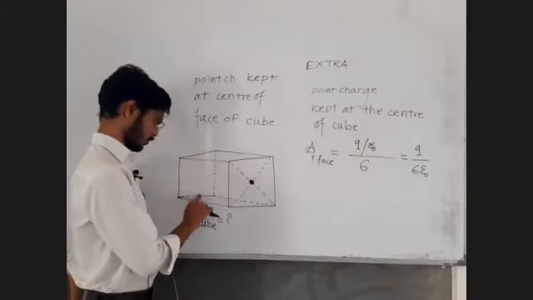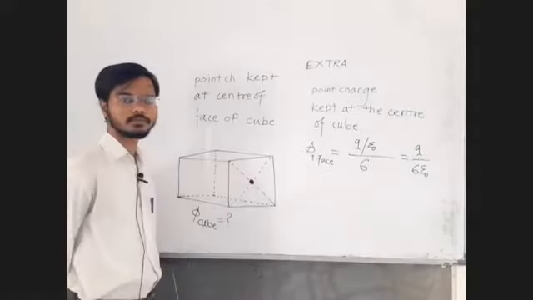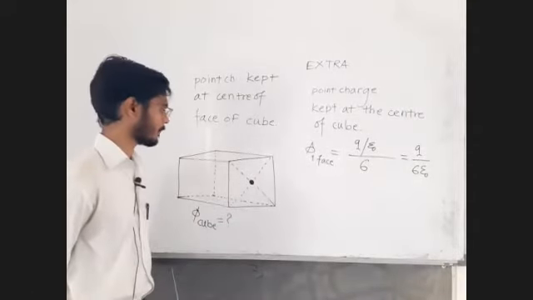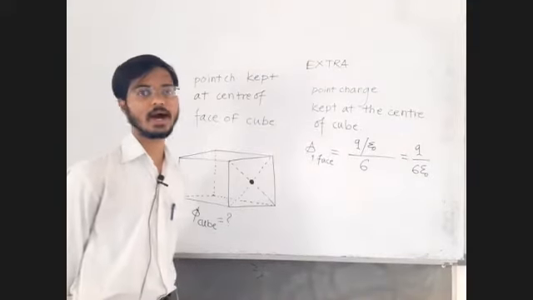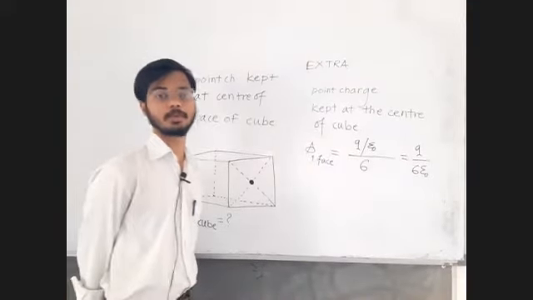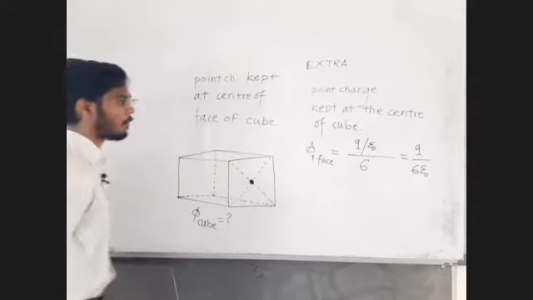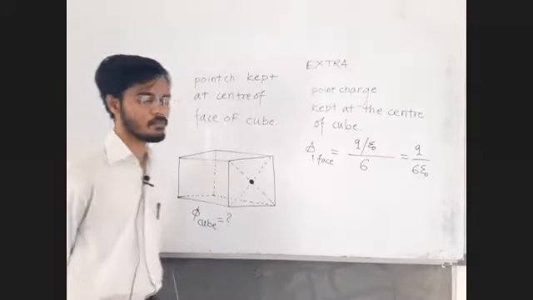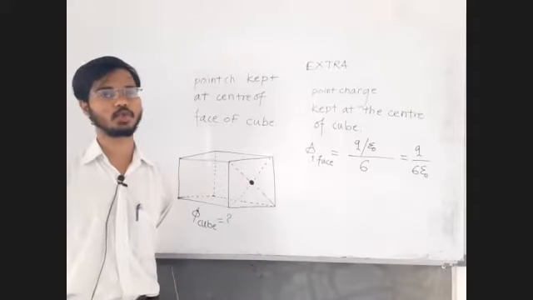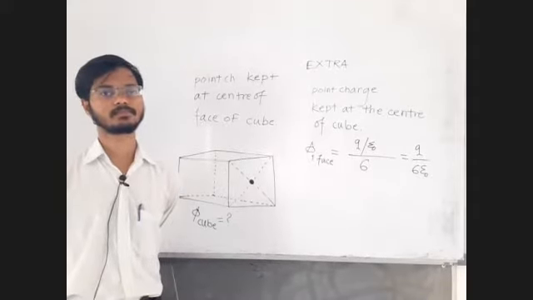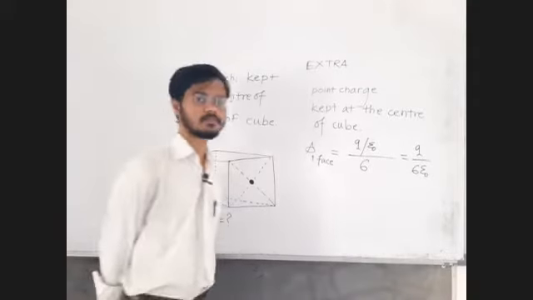This line should also be dotted. Charge is placed on the center of the face. How many flux are passing through the cube? Let me simplify it.